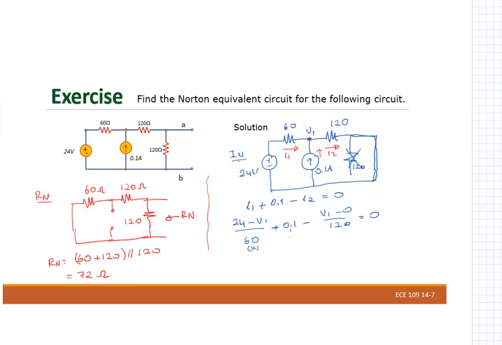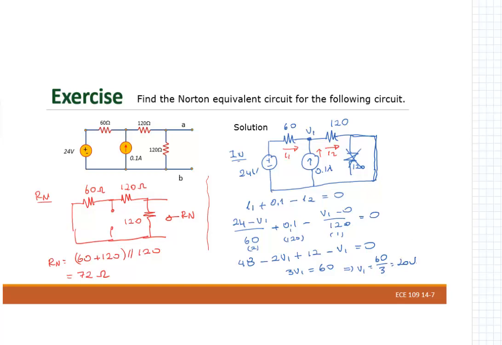I'm gonna multiply here by 120. This is 1. So 2 times 24 is 48 minus 2V1 plus 12 minus V1 equals 0. So here we have 3V1 will be equal here, I believe 48 plus 12 is 60. Then from here V1 will be equal 60 divided by 3, which is equal to 20 volts.